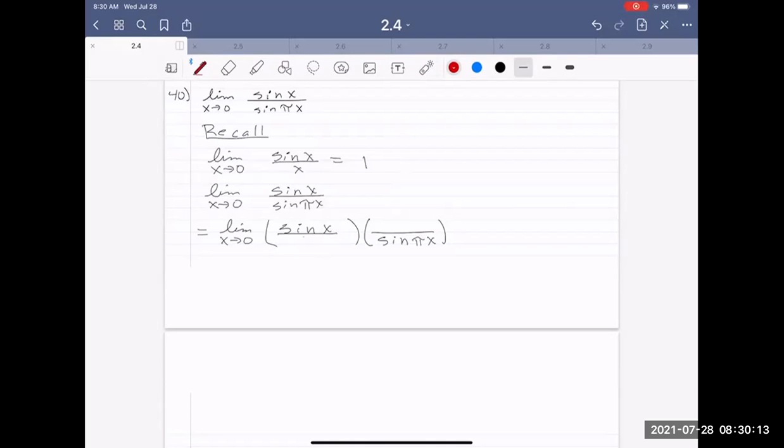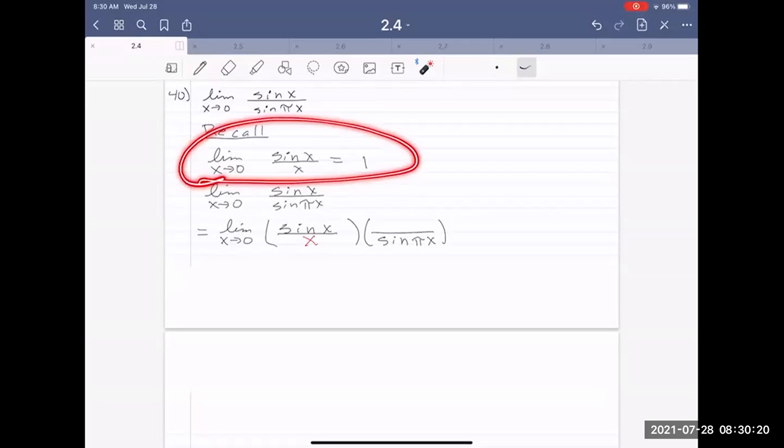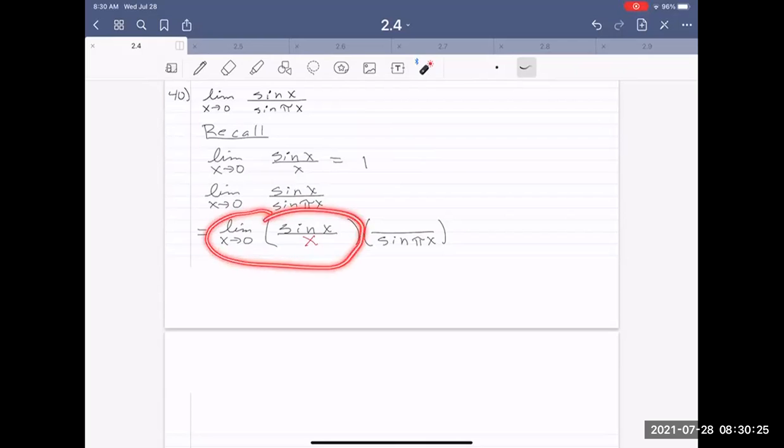So if this were an x, then I'd be happy because I could use this limit to simplify this. Well, certainly if I divide by x, I had to have multiplied by x. So then I'm not doing anything. All I'm doing here is multiplying and dividing by x. I'm rewriting 1 in a fancy way.